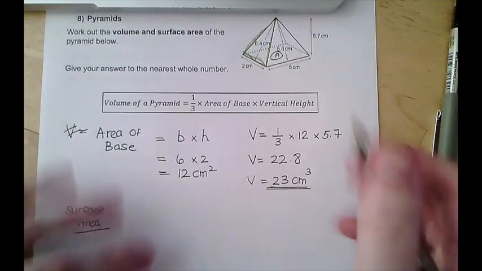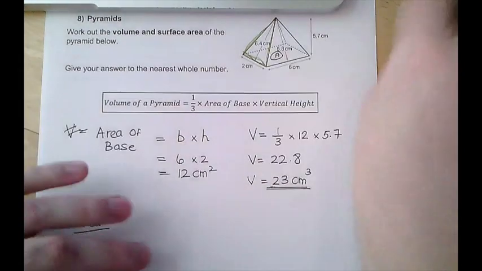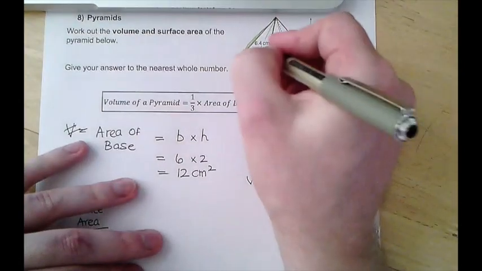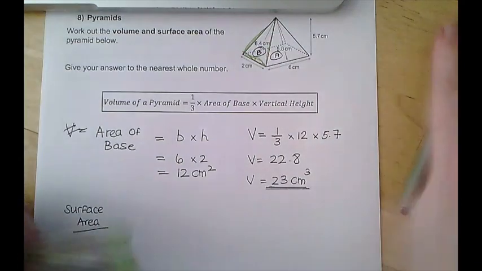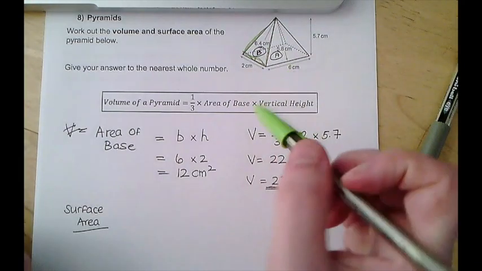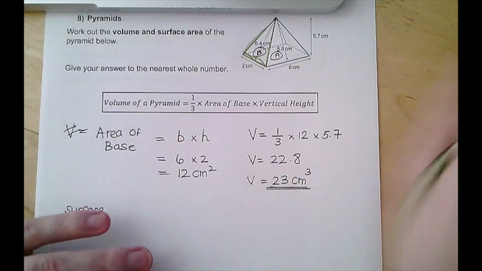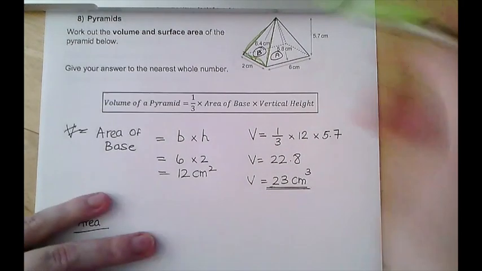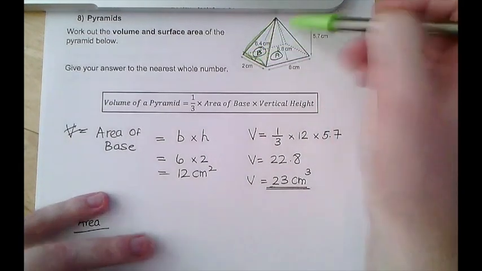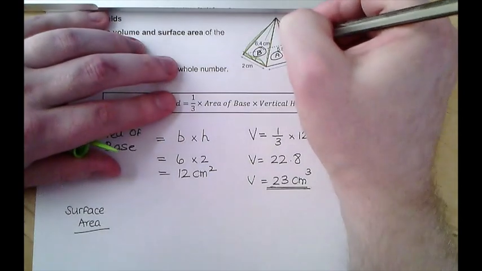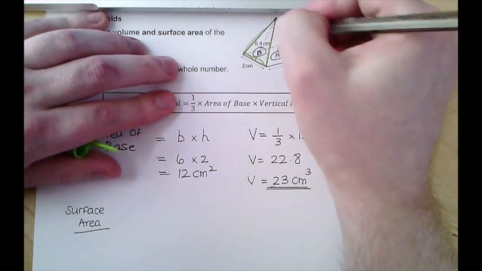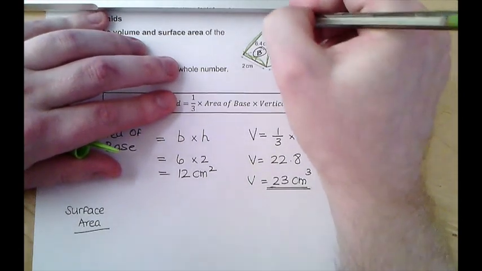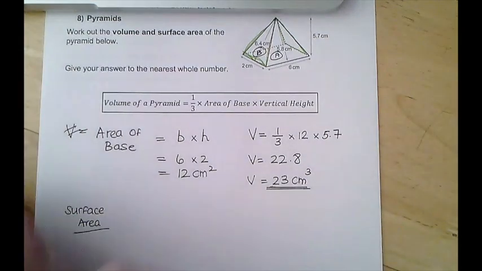That bit there, I'll call that B. Now, if we think about this carefully, because it is a rectangular base pyramid, that triangle and that triangle, although they don't look the same, they are, which means they must have the same area.